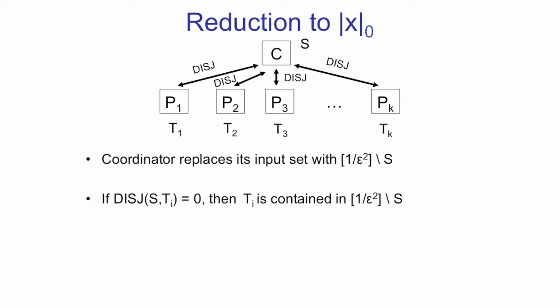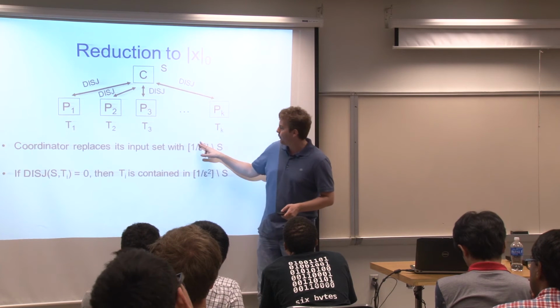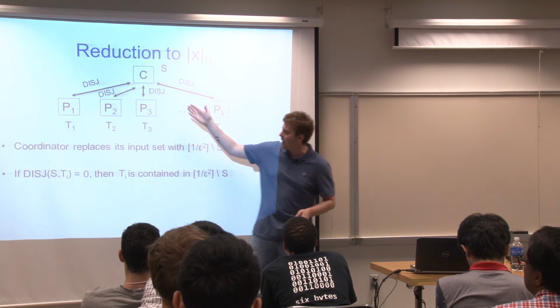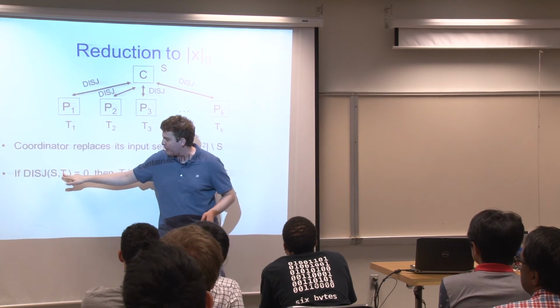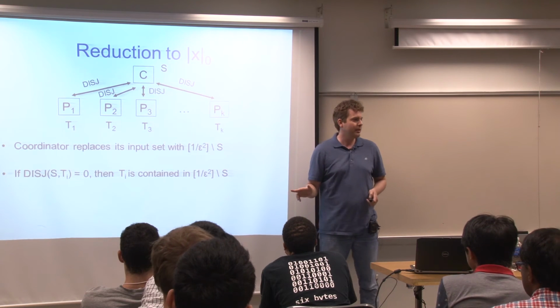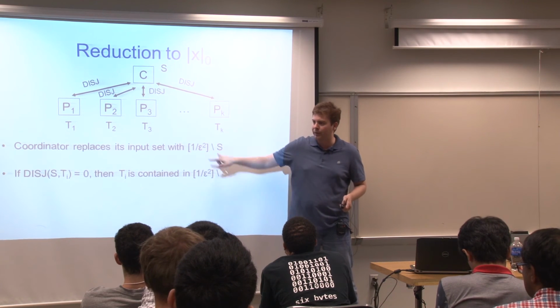Then this set Ti is entirely contained in the complement of S. From a distinct elements perspective, the coordinator first inputs this set into the total number of distinct elements. Then every time S is disjoint from Ti, no new distinct elements are created, because they're all contained in the set that the coordinator already introduced.